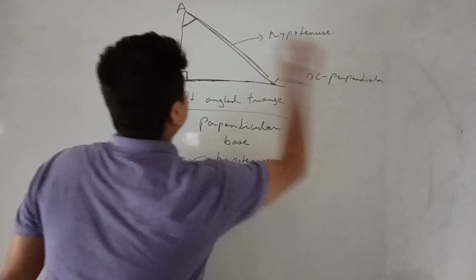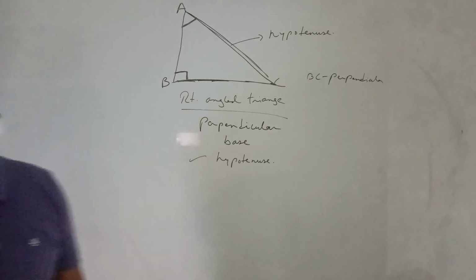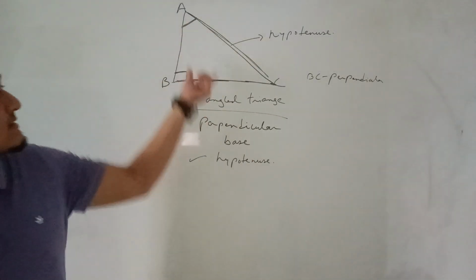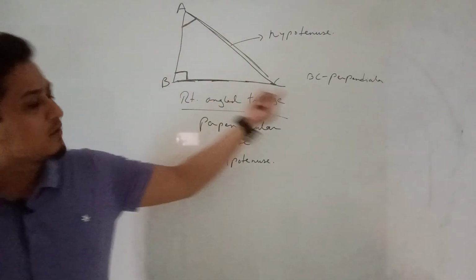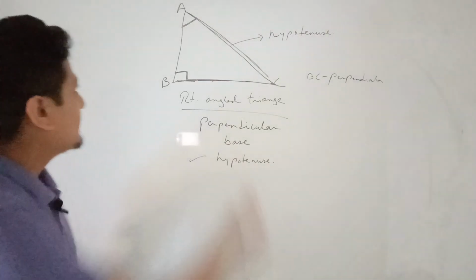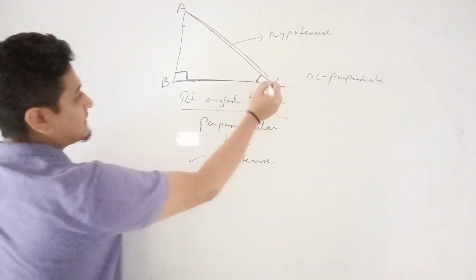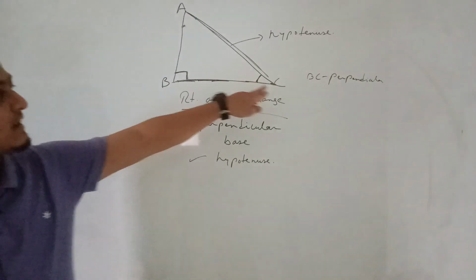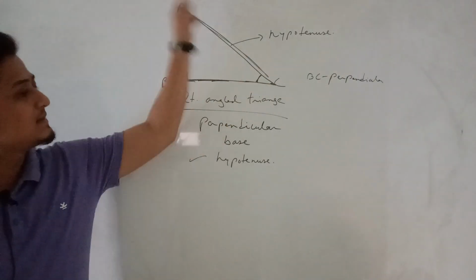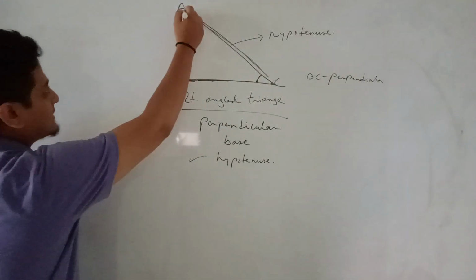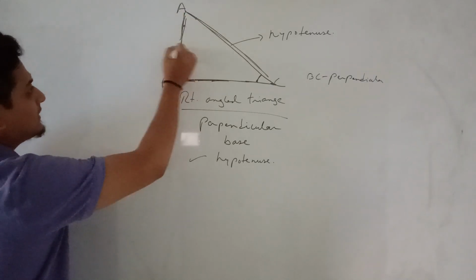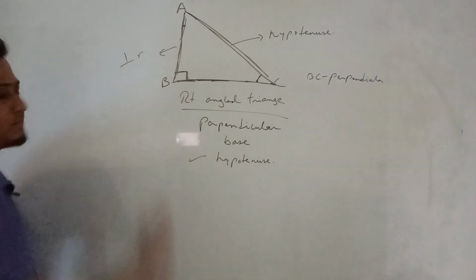That means the side which is opposite to the angle will be known as the perpendicular. But if we consider angle C, or angle BCA, this side AB will be the perpendicular.